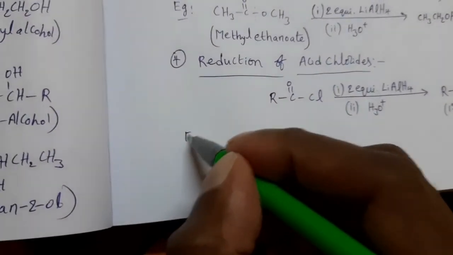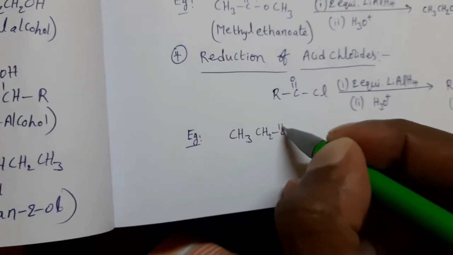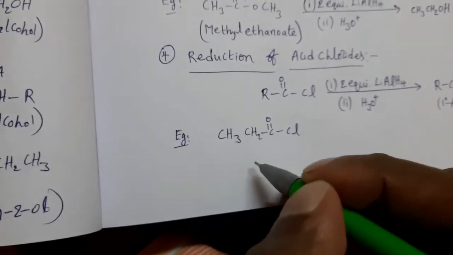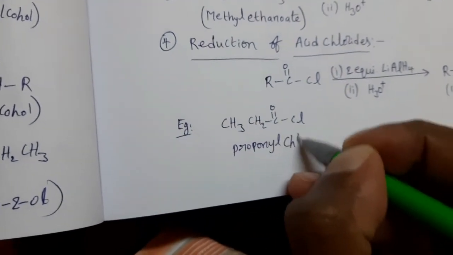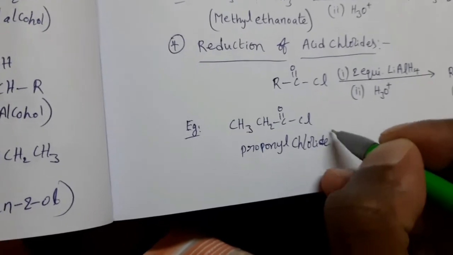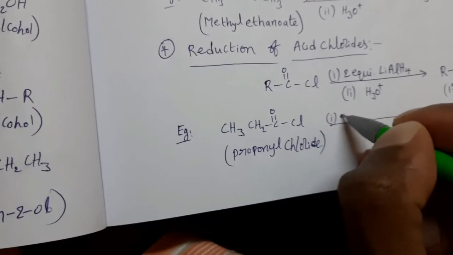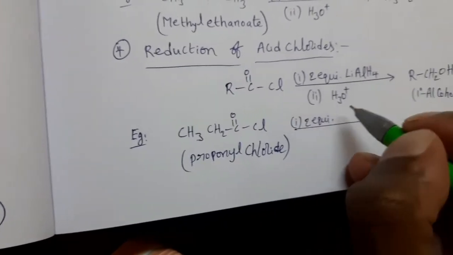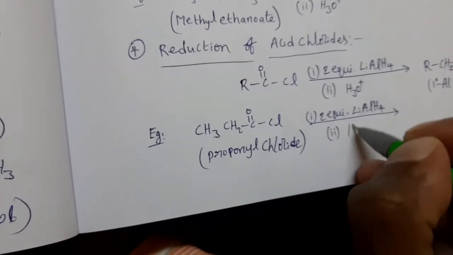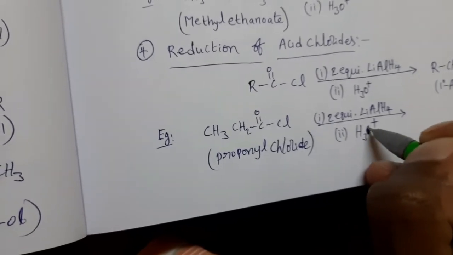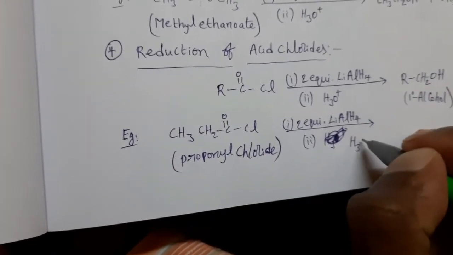Take the example CH3CH2C double bond O Cl. What is its name? Propanoyl chloride. 3 carbon atoms are there. It is reduced with 2 equivalents of LiAlH4 followed by hydrolysis in presence of acids, H3O plus.